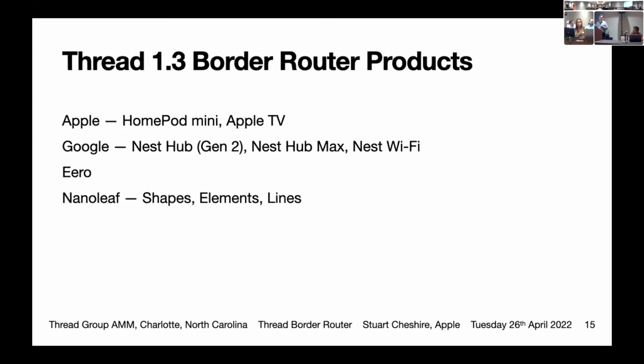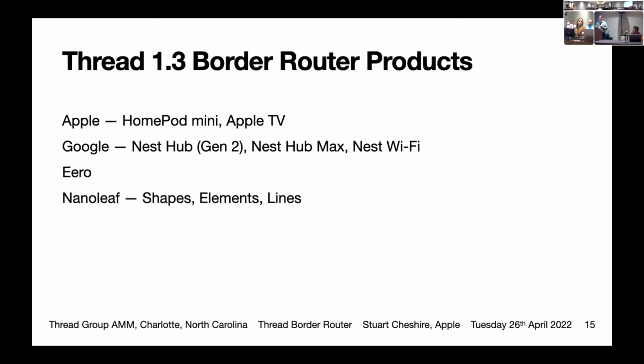Our focus with Thread 1.3 is to meet the needs of Matter in time for Matter shipping. And I'm very happy to say that we already have multiple vendors fairly far along this path. Apple has the HomePod Mini and the Apple TV. Google has several Nest Hub products that have the 1.3 border router functionality.